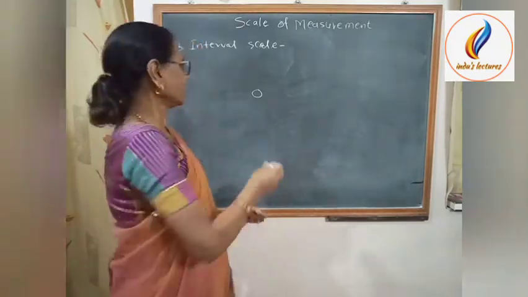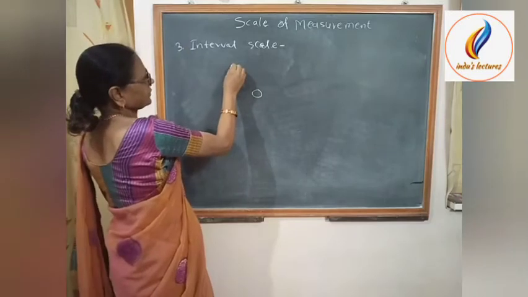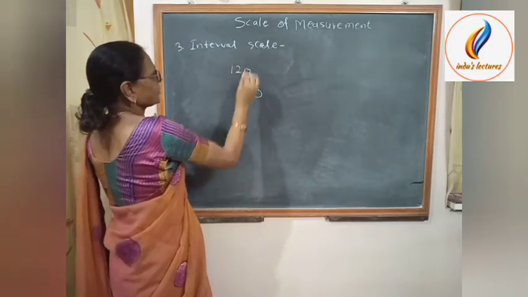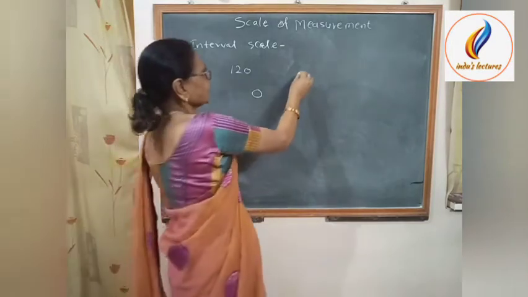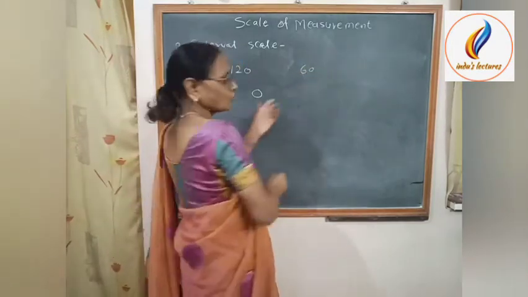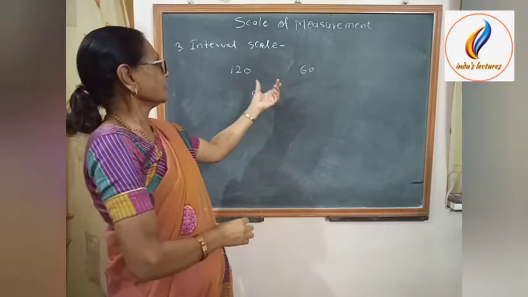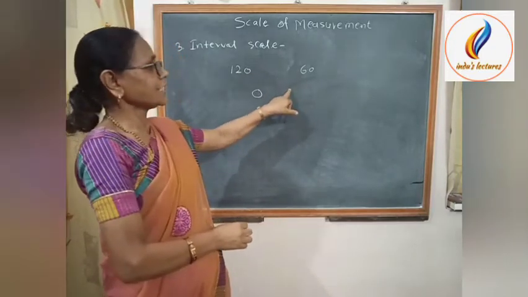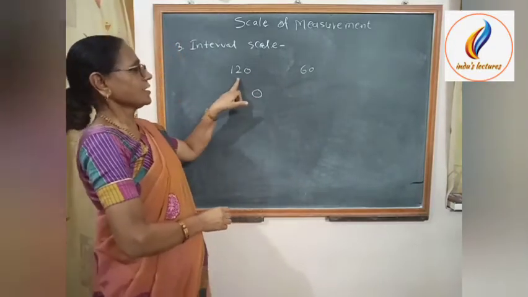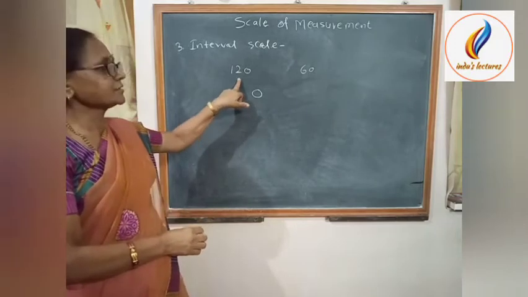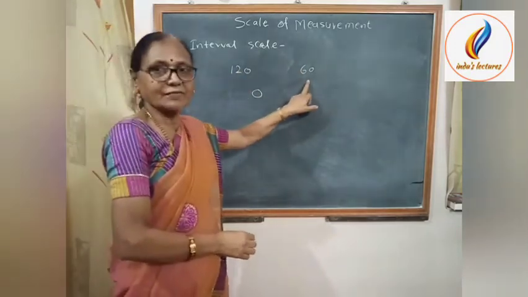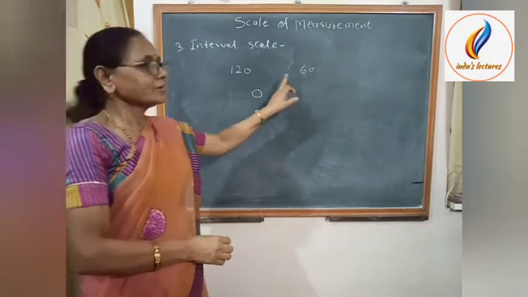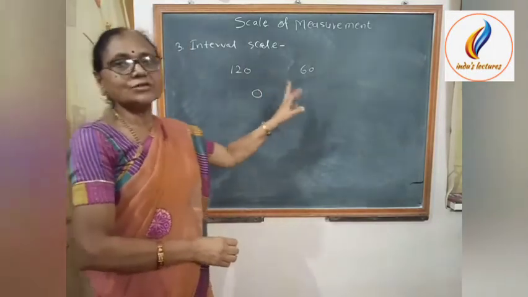Again, if one student obtained 120 score and another obtained 60 score, we cannot say that the student having 120 score has double the intelligence of the student having 60 score, because it has no real zero.